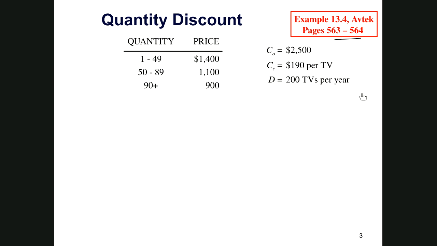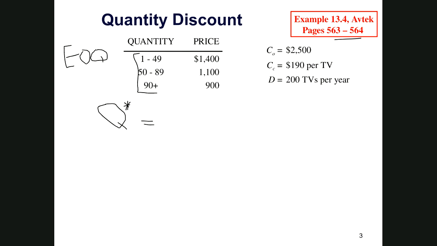I apologize for my tongue being tied. So given this information, the first thing that we're going to do is find Q star, and we want to know where Q star falls within these order quantities. We're using our EOQ model.